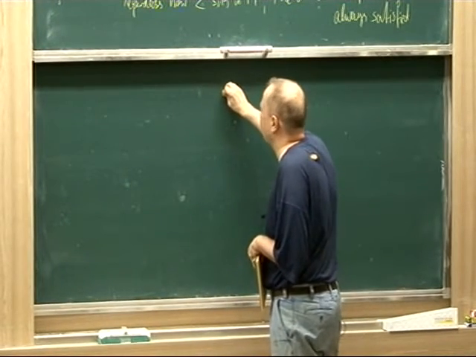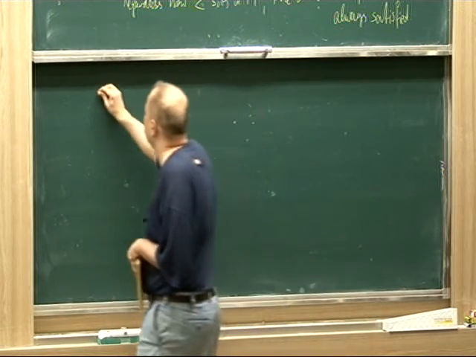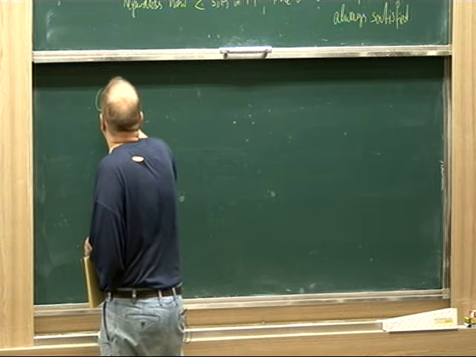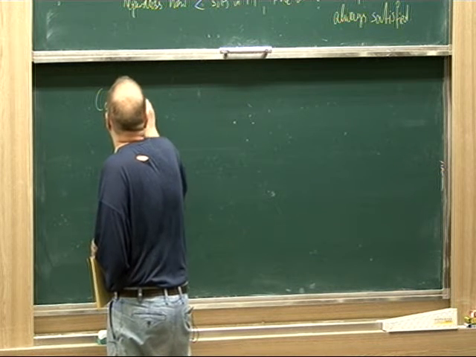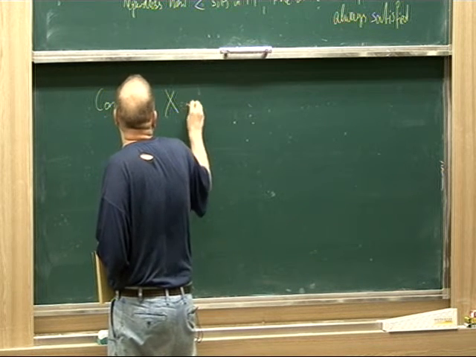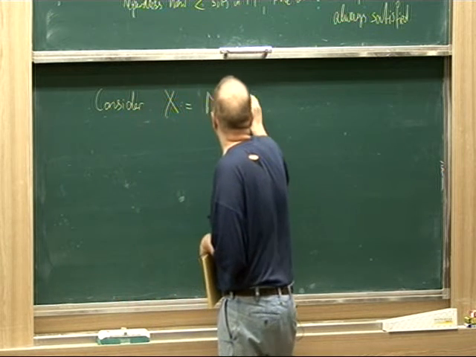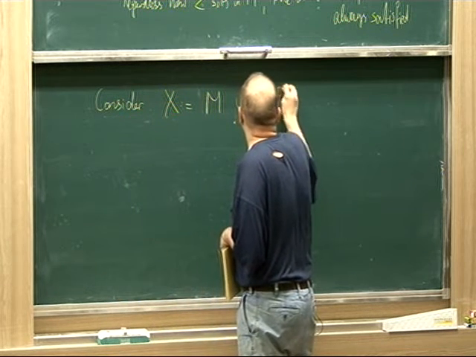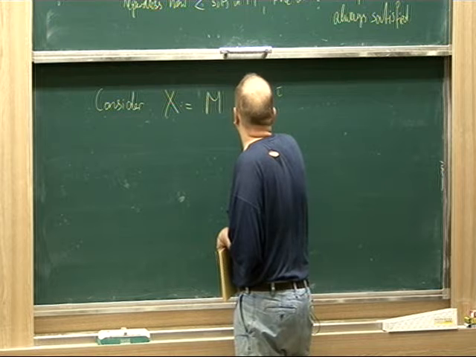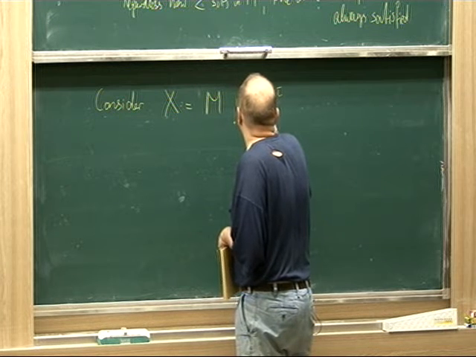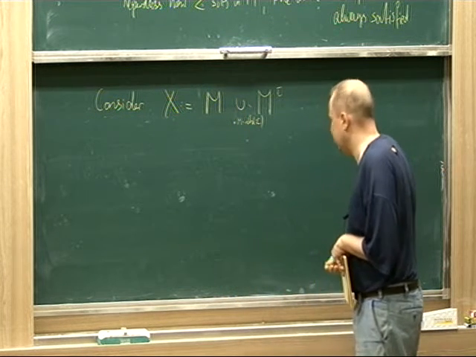Consider X to be a union of the two along a neighborhood of sigma.